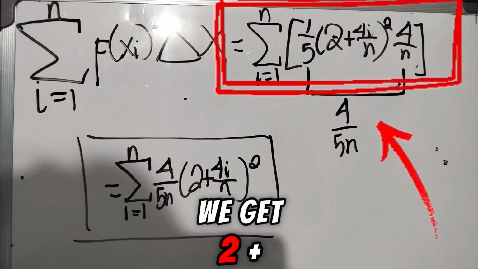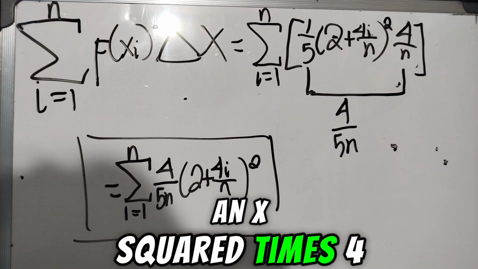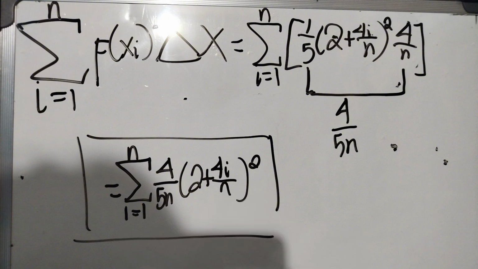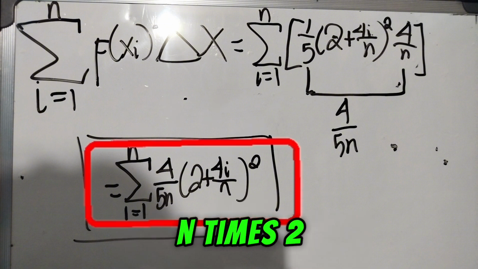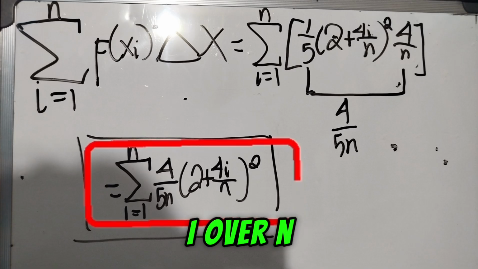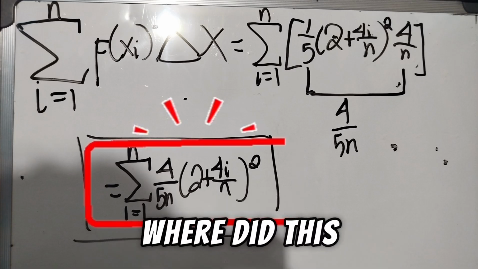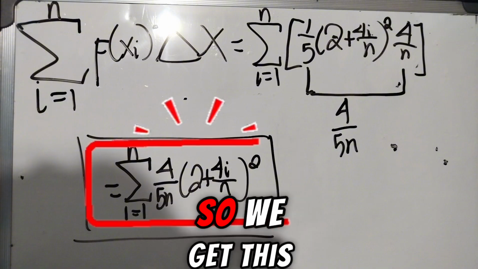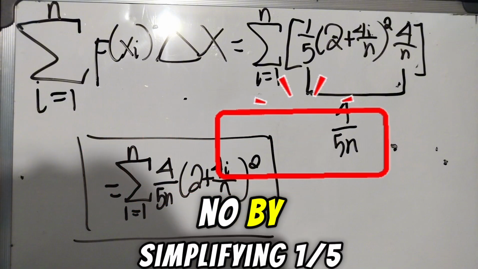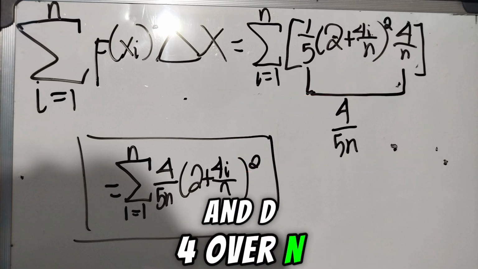So, we get (2 plus 4i over n) squared because it is an x squared, times 4 over n. So, now we get the summation of 4 over 5n times (2 plus 4i over n) squared. You're probably wondering where this 4 over 5n came from. We get this by simplifying 1/5 and 4 over n.